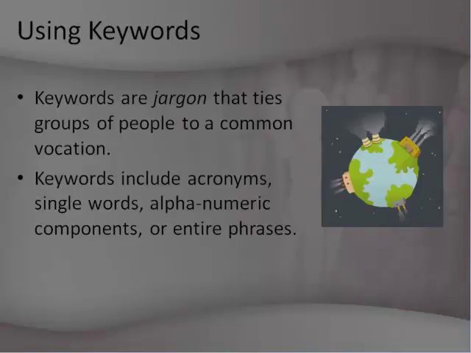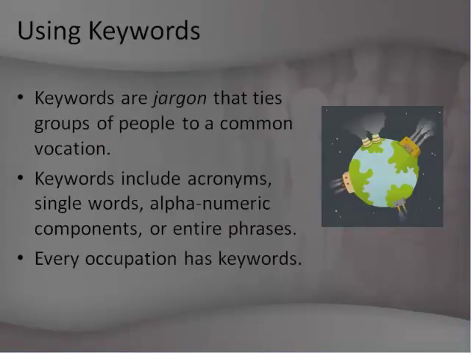All these terms segregate them and put them into a category. Pretty much every occupation has keywords, things that separate them and define a group. And everybody within that group knows those keywords. That's what's important here.